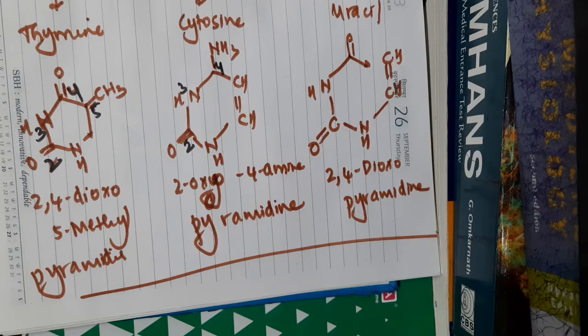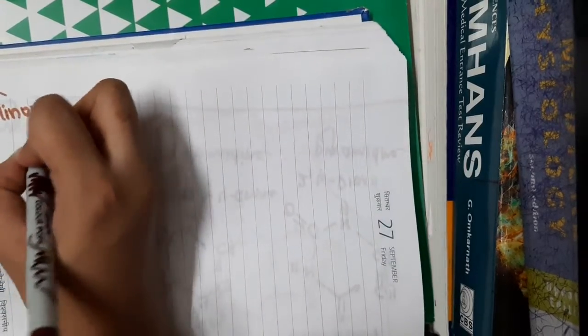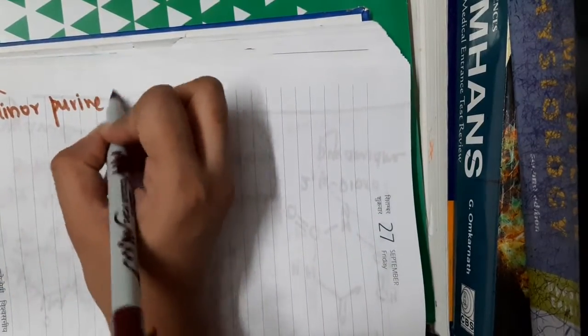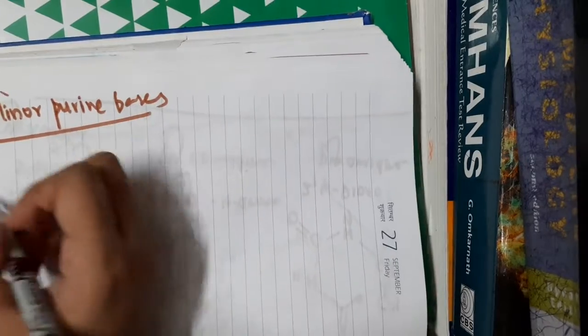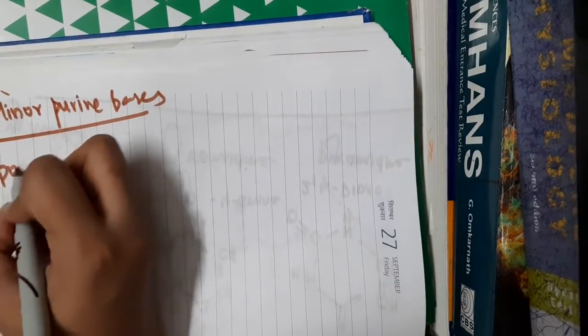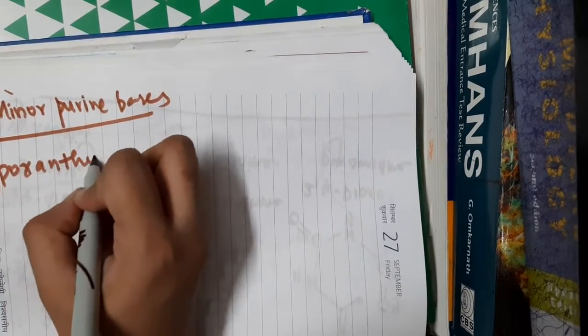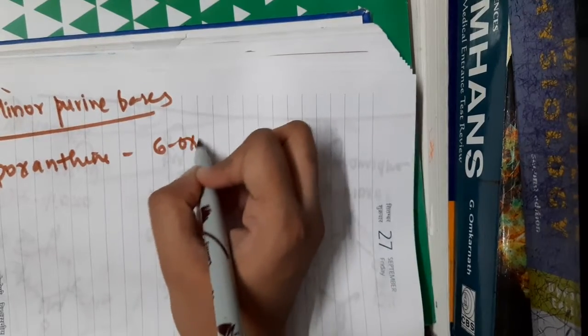Now, these are the main purine bases. Are there any additional ones? Yes, we have minor purine bases. Examples of minor purine bases are hypoxanthine, which is 6-oxopurine.